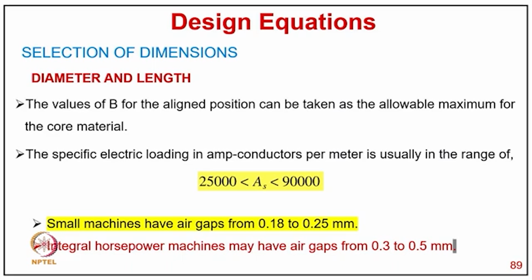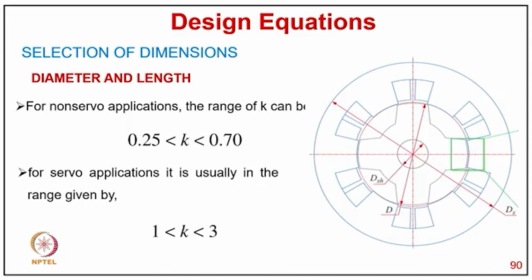The specific loading in ampere conductors per meter is usually in the range of 20,000 to 90,000, and small machines have an air gap of 0.15 to 0.25 millimeter. The integral horsepower machine may have an air gap from 0.35 to 0.5 millimeter. For non-servo applications, the range of K can be 0.25 to 0.7. For servo applications, it is usually between 1 and 3.